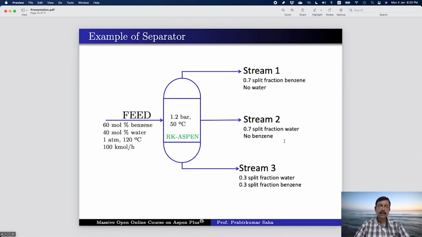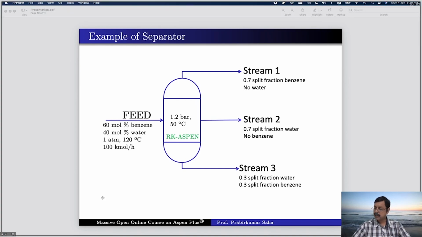Now you can see, if you define 0.7 split fraction of benzene over here, 0.7 split fraction of water over here, no water in stream 1 and no benzene in stream 2, then obviously the 0.3 split fraction of benzene left from stream 1 and the 0.3 split fraction of water left from stream 2 will combine and go into stream 3.